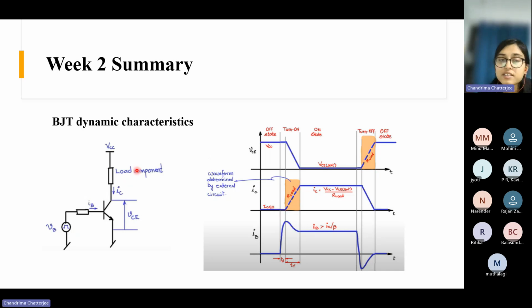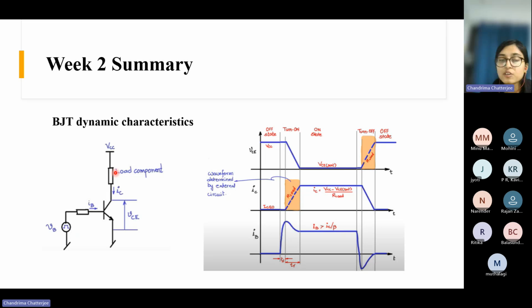This is the load component, because this could be a resistor, but instead of a resistor this could also be inductance or capacitance. That's why it is called a load component. It doesn't necessarily have to be a resistor. If it is a resistor, then the current will rise almost in a linear fashion, like this dotted blue line.